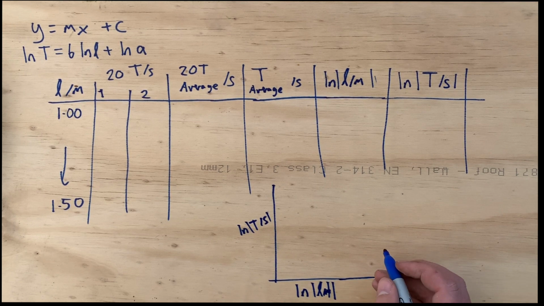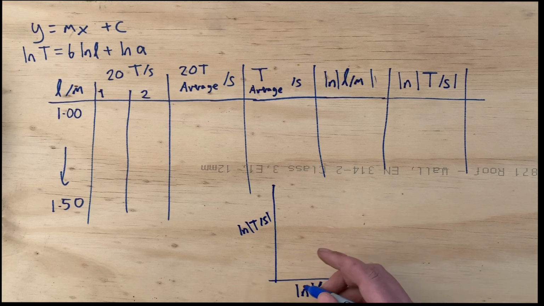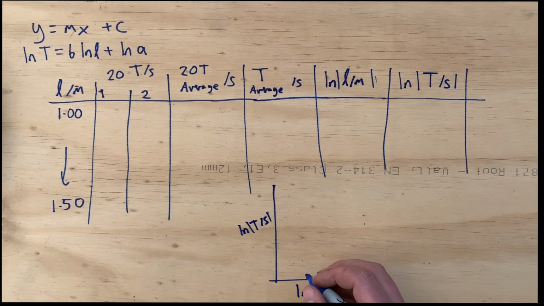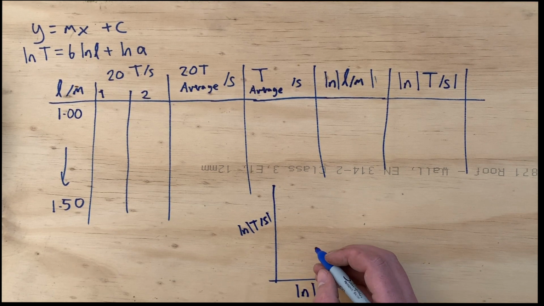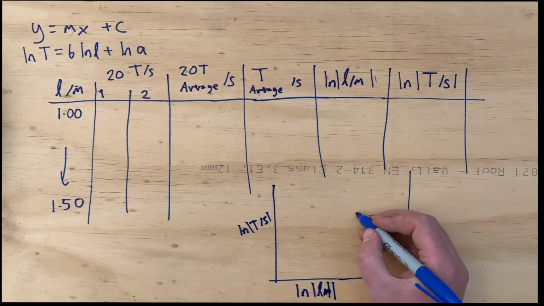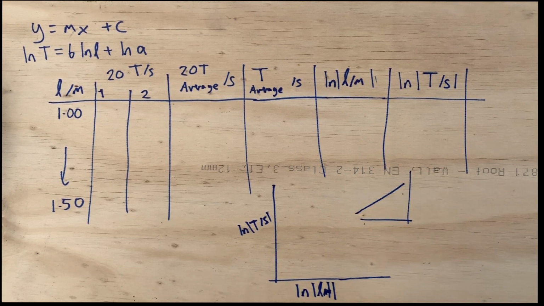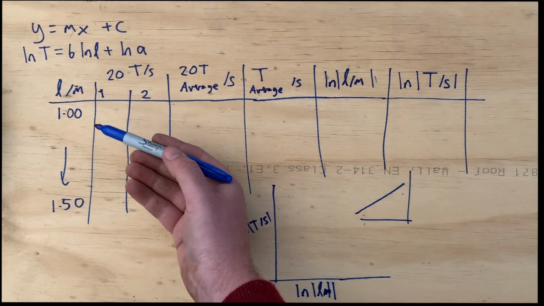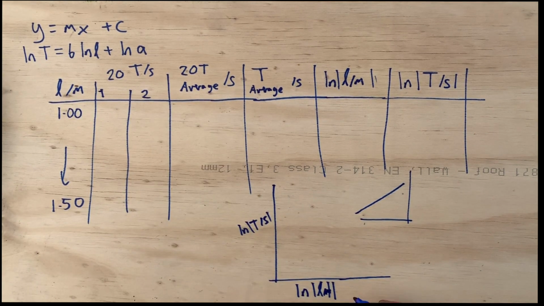But of course, hopefully we're going to get a straight line where the gradient is B and the intercept is A, but your graph might actually look like that if you're in the third quadrant because you started at 0.5 meter.